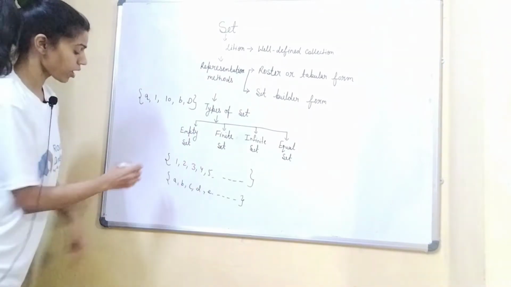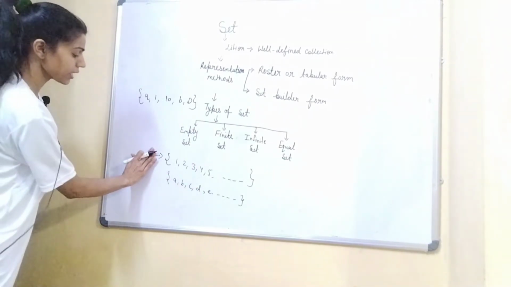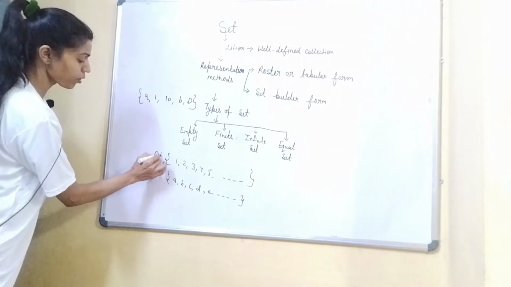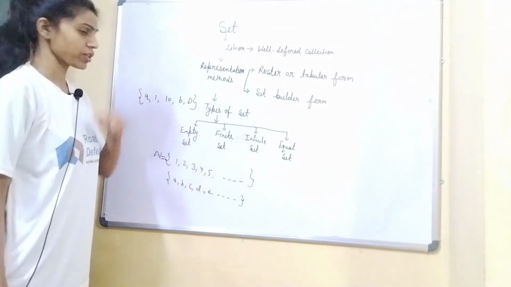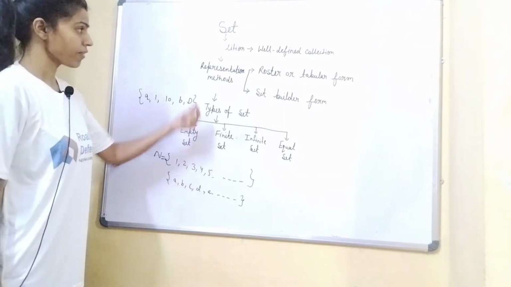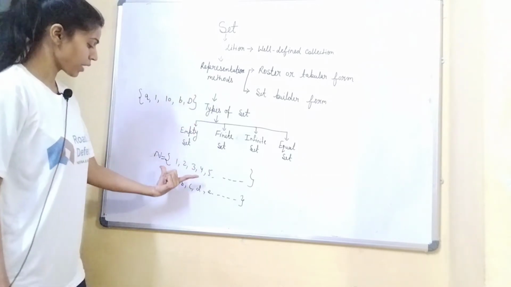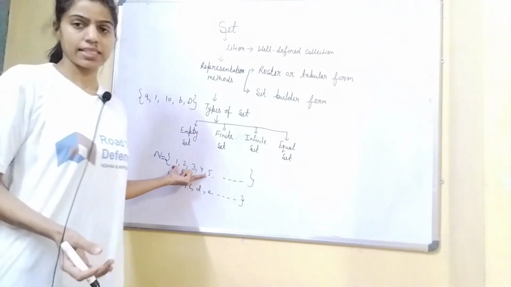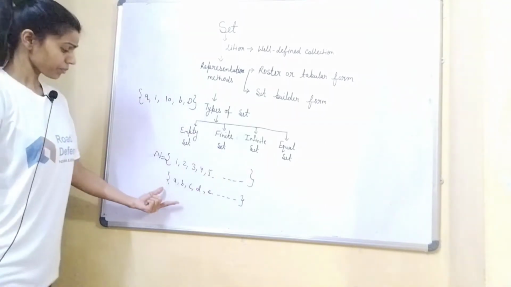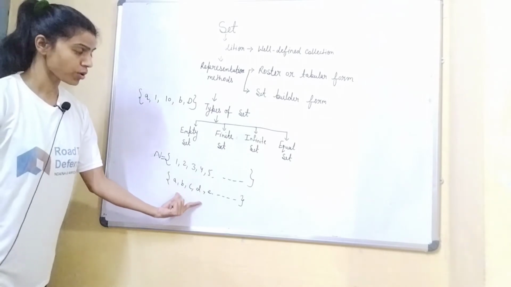If I talk about this set, if I want to explain this collection, I will say that this is a set of natural numbers, right? So in well-defined words I can explain this as a set of natural numbers. So this is a set, clear? This is also a set. Why?